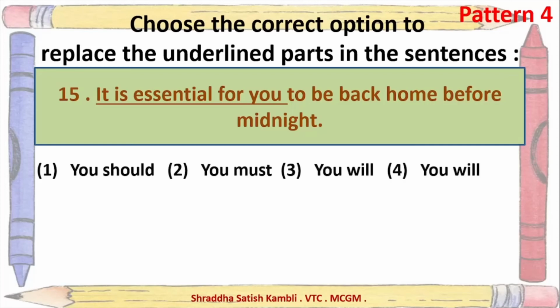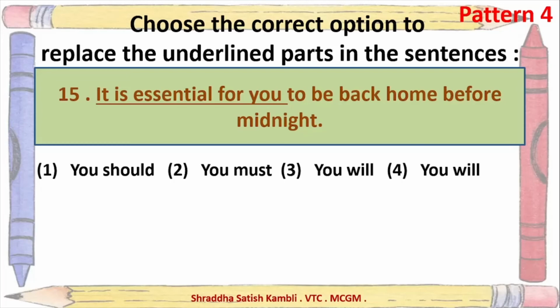So will you write you should be back home before midnight? Will you write you must be back home before midnight? Will you write you will be back home before midnight? Or will you write you will be back home before midnight? So it is essential means it is a compulsion.